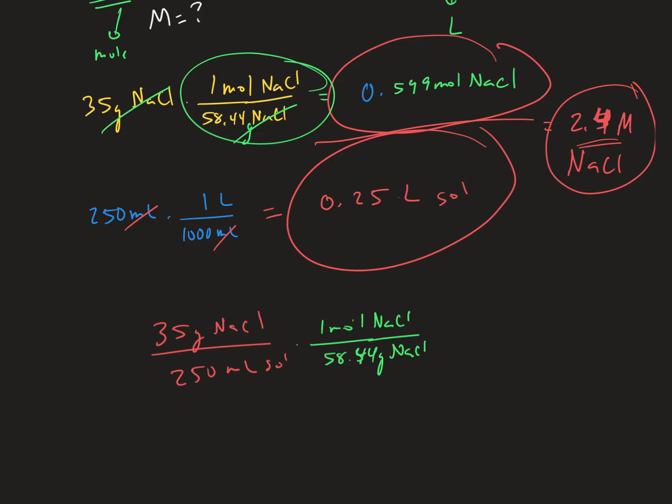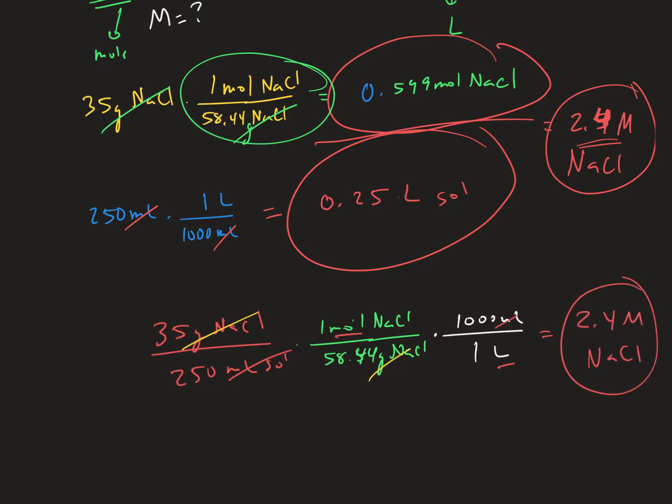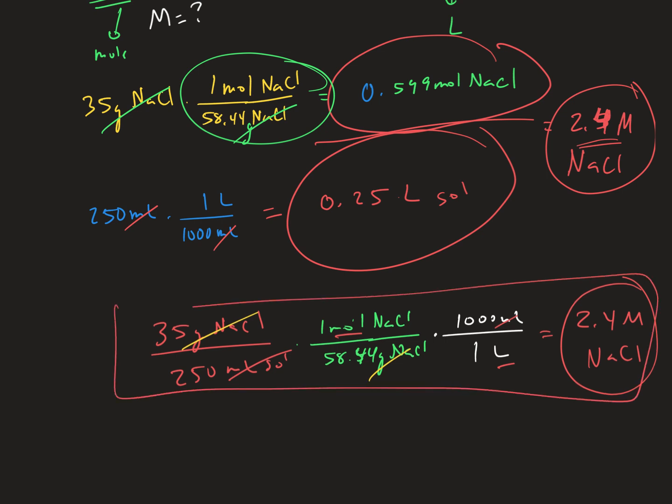And we can see grams cancel out. So far, so good. And then we do 1,000 milliliters to 1 liter. That goes away. And now we're left with moles per liter, and we're still going to get the exact same number. I kind of made this way sound scary, didn't I?